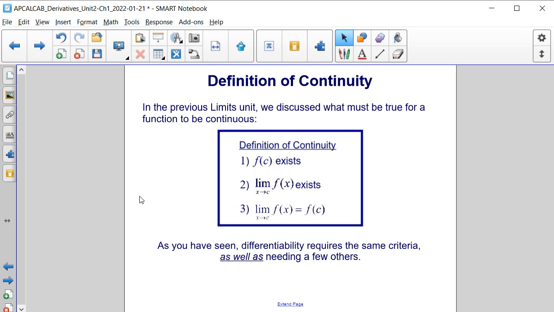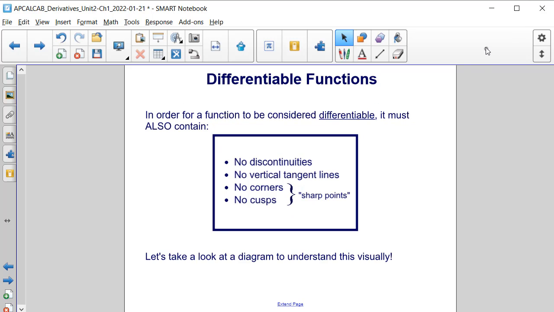As you have seen, differentiability requires the same criteria as well as needing a few others. In order for a function to be considered differentiable, it must also contain no discontinuities, no vertical tangent lines, no corners, and no cusps, and both corners and cusps are considered to be sharp points.